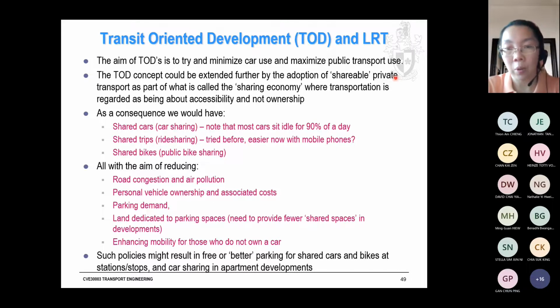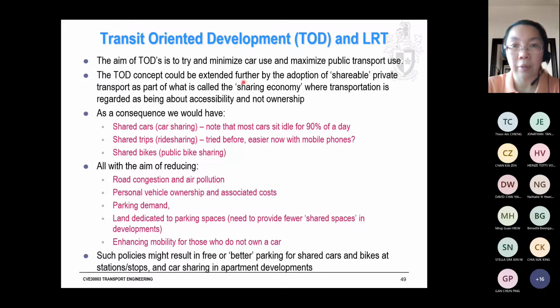In the very first place, as government, they also have to provide the system for the public to use. And then we can look at transit-oriented development to try to minimize car use and maximize public transport use.